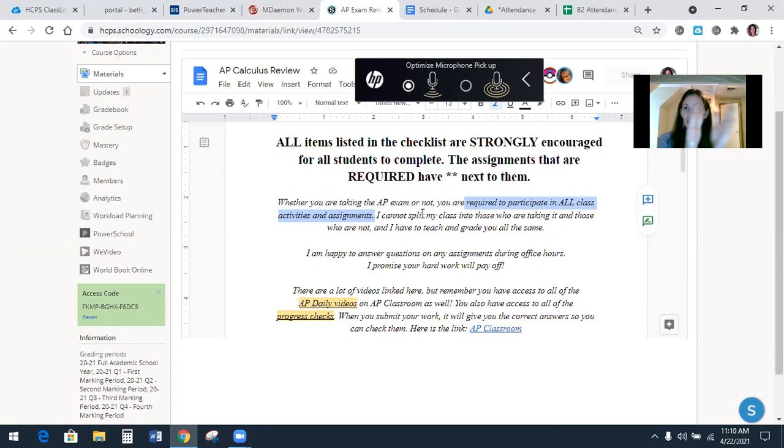You guys are taking the exam, you guys aren't taking the exam, and then teach you two different ways and hold you accountable two different ways. That does not work. So you're all together in this. So even if you're not taking the exam, you still have to do everything that everybody else is doing, because I can't clone myself and clone the class and teach two different classes like that. So you're all in this together. You're still going to have to do everything.